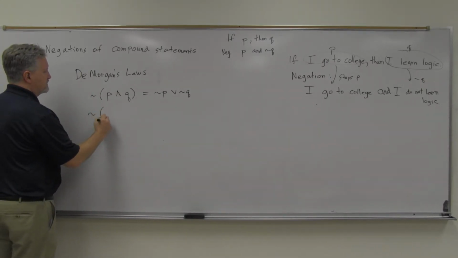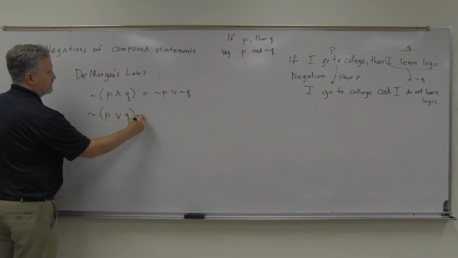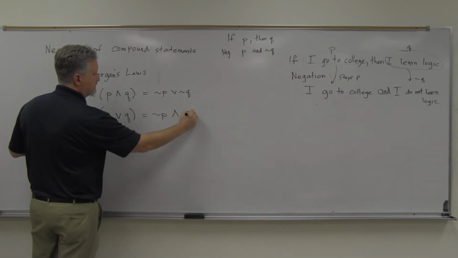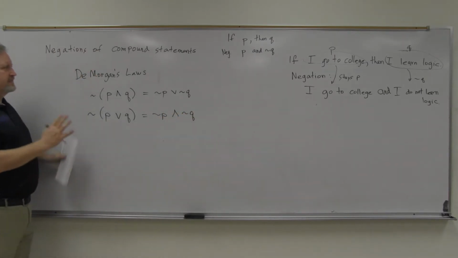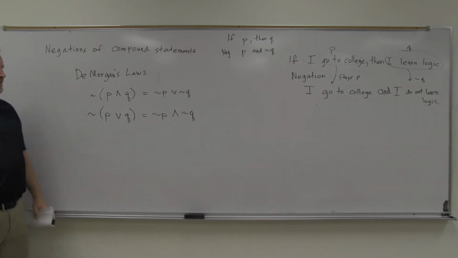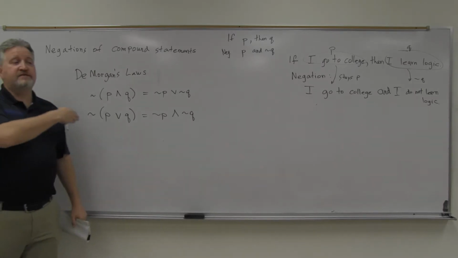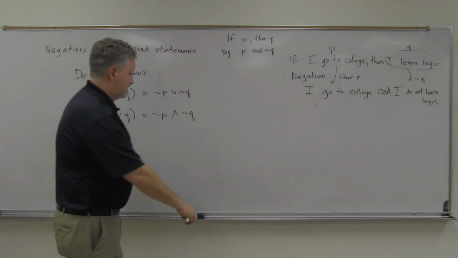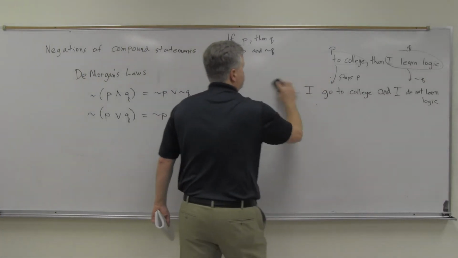And then the other De Morgan's law: the negation of P or Q is not P and not Q. So De Morgan's laws are really just what we were just saying, okay? So don't let that trip you up. I mentioned that because I think that's the way you may see these phrased using that term.